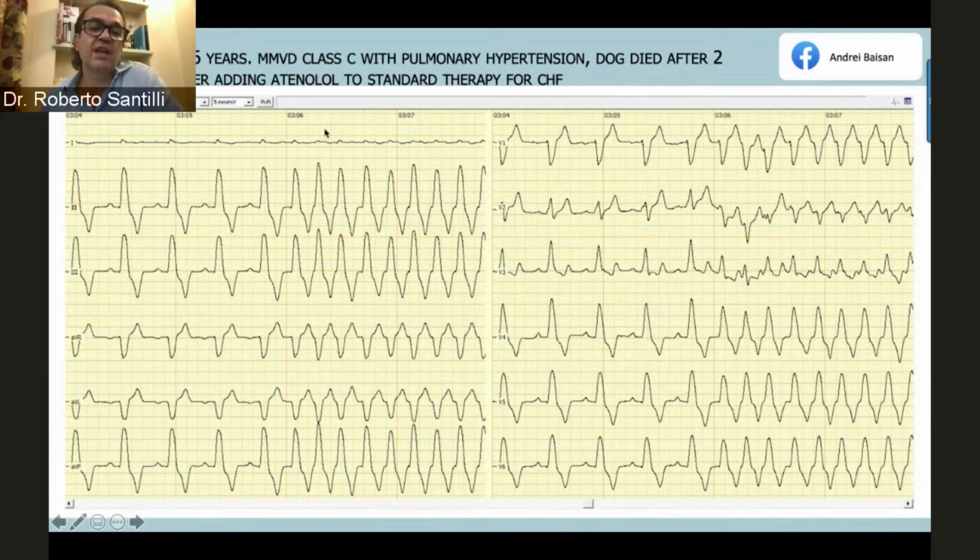So it's very likely that this is a focal atrial tachycardia. That's probably the reason why they gave atenolol, which can be used as a beta blocker in catecholaminergic SVT, particularly focal atrial tachycardia.